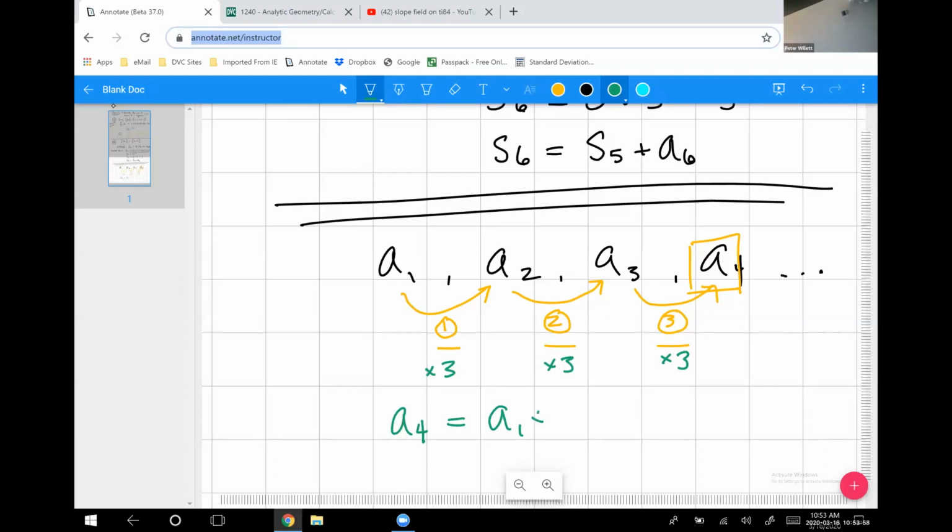So that was times 3 to the third. Or in general, if I want to go to the nth term, then I start with the first term and I multiply by 3 n minus 1 times, which ends up being an exponent. How's that? Got it. Yeah, that makes much more sense.